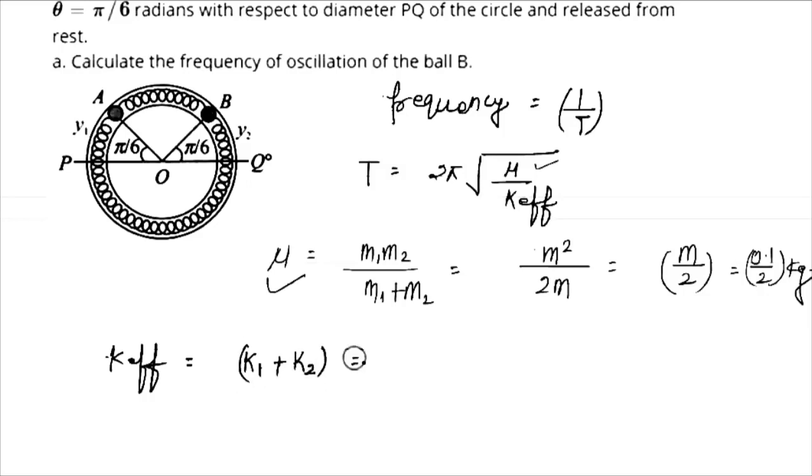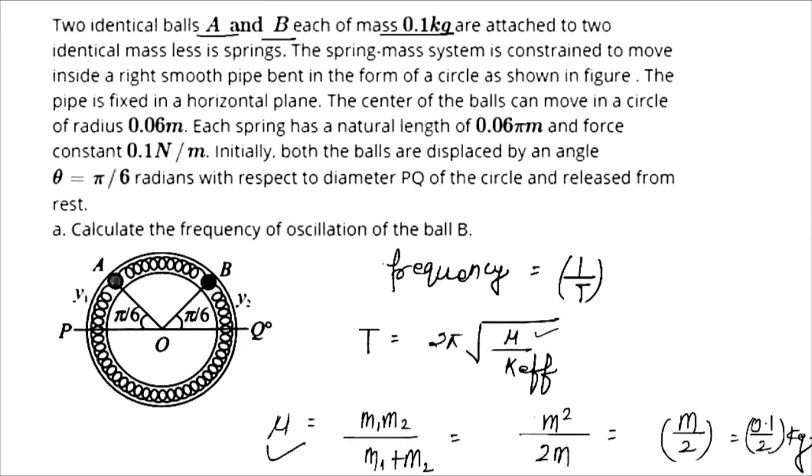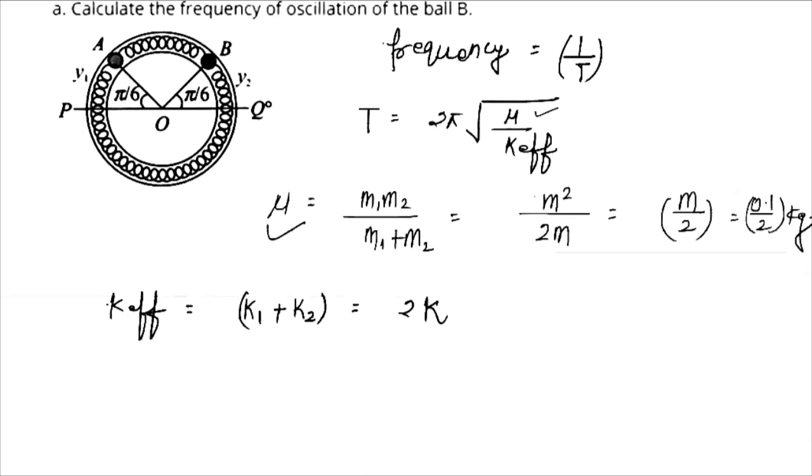In this question both springs are identical massless springs, that means k1 is equal to k2, so k effective is equal to 2k. Put the value of k: 2 into 0.1 Newton per meter, which is equal to 0.2 Newton per meter.